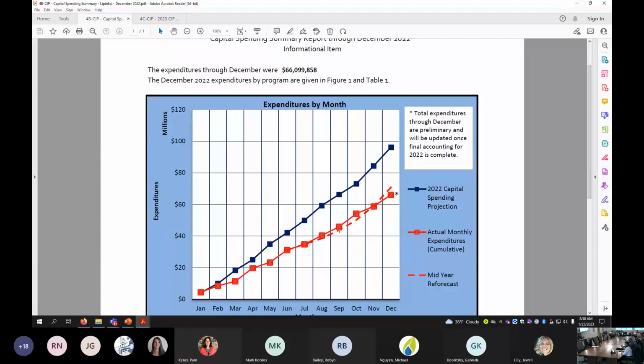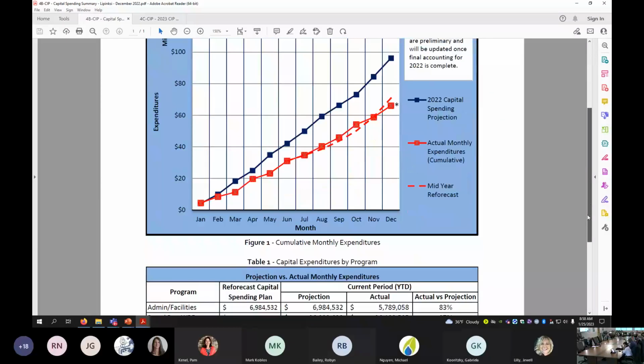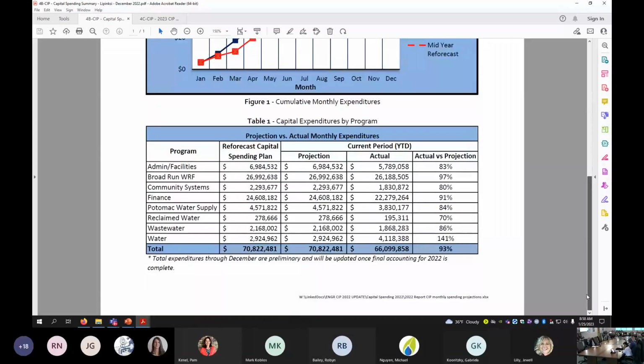As those get finally processed, you'll see maybe a slight change in the value of where we end up at the end of the year. But for all intents and purposes, that change is insignificant. So these are pretty close to what the final numbers were for the capital spending last year. If there are any questions, I'd be happy to try to answer them.